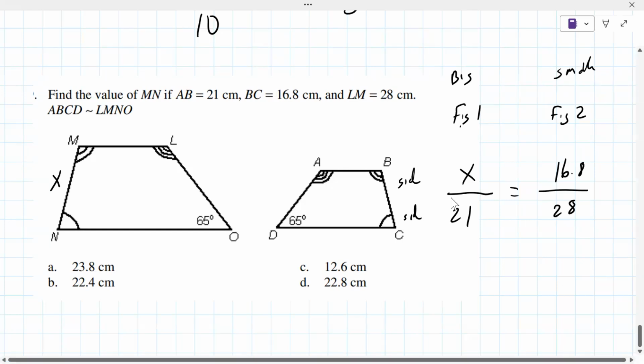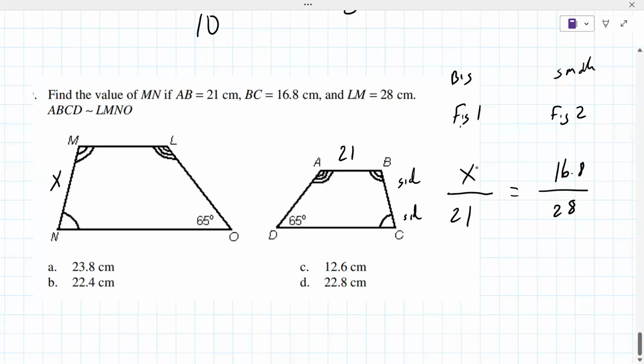No, I did it the bigger way. So this is 16.8, LM is 28. What I'm saying is that the other way to organize it, if you don't like figure one over figure two, is you can use the top for figure one, the bottom for figure two.